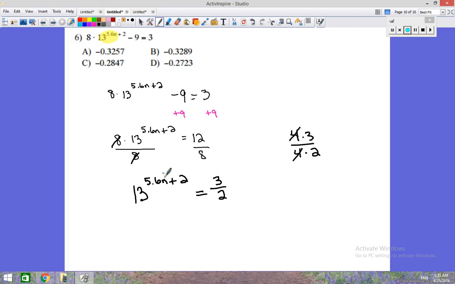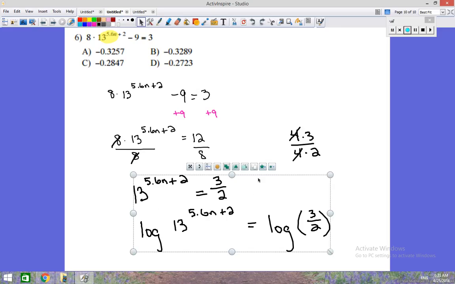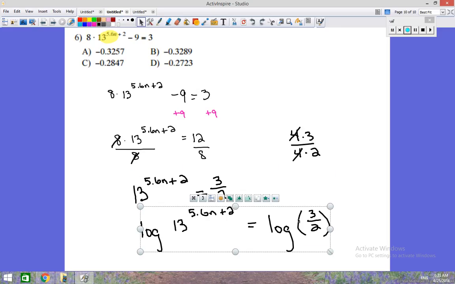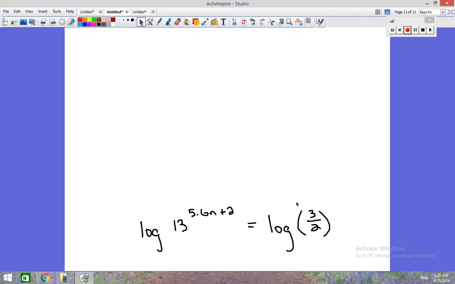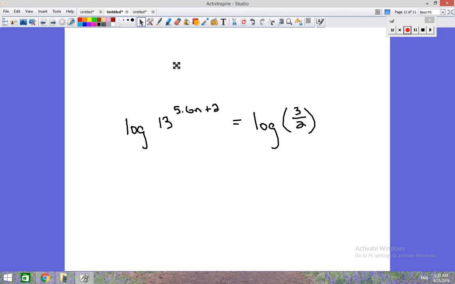Alright, the inverse of an exponent is a logarithm. By the power rule, we can take our exponent and move it out in front to get multiplication.